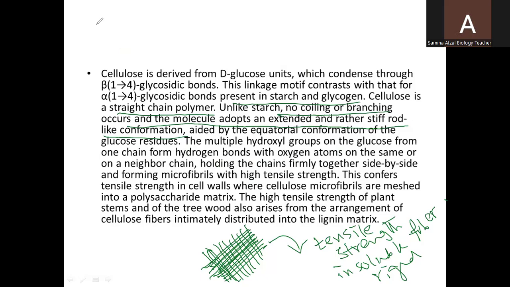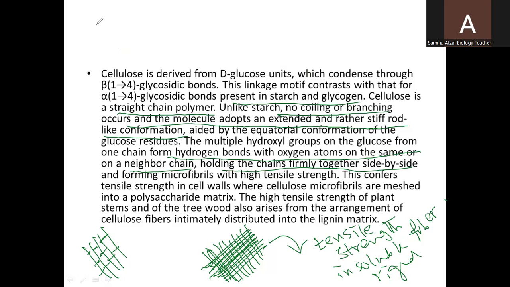This unique arrangement allows for the formation of strong hydrogen-bonded microfibrils. The multiple hydroxyl groups on the glucose in one chain form hydrogen bonds to the same or neighboring chains, holding the chains firmly together. So they also chain together, and when they do, it gives a high tensile strength.